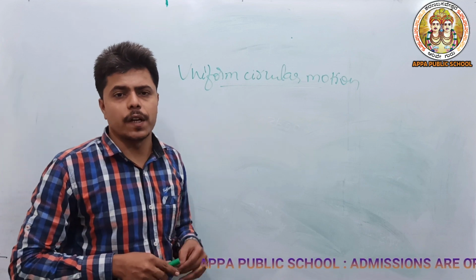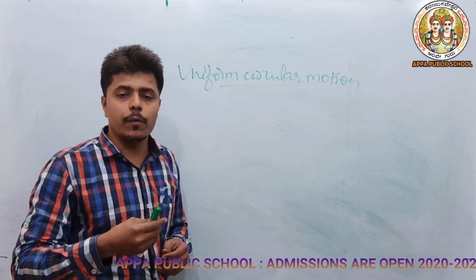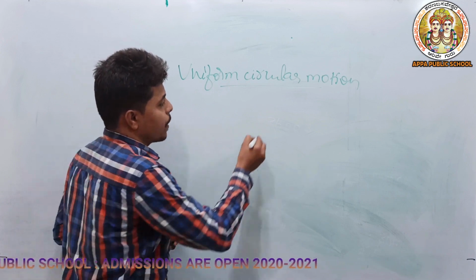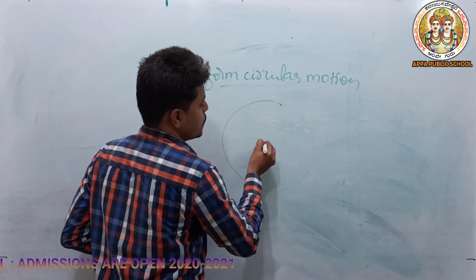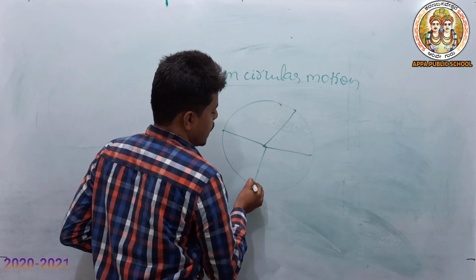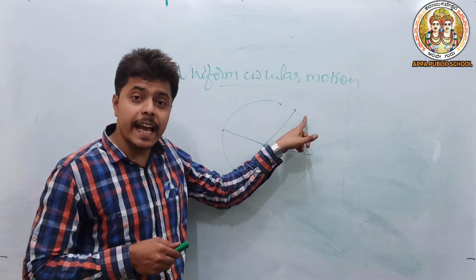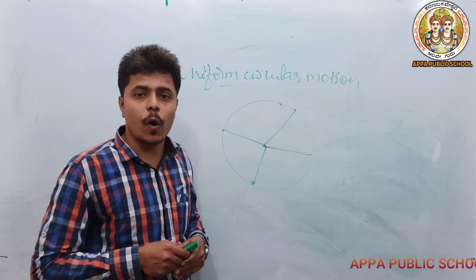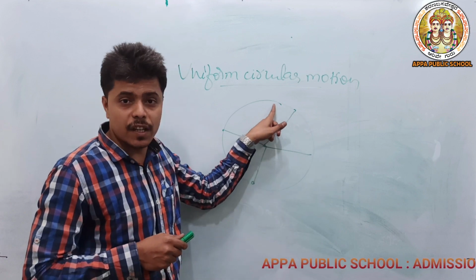Uniform means that it is covering equal distance in equal intervals of time. For example, the body is moving in a circular path covering equal distance in equal intervals of time. It is continuously accelerating. Why? Because it is changing its direction continuously.